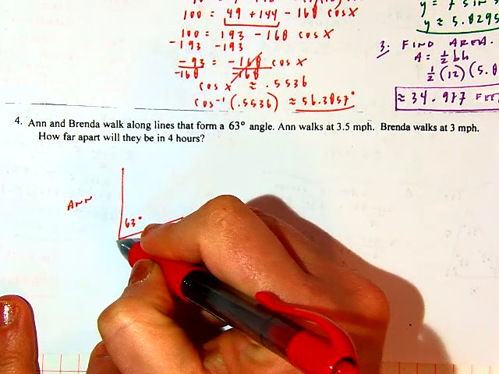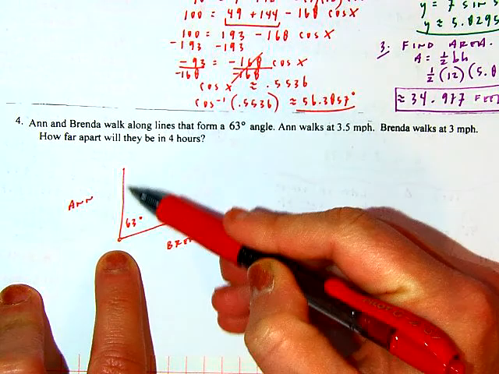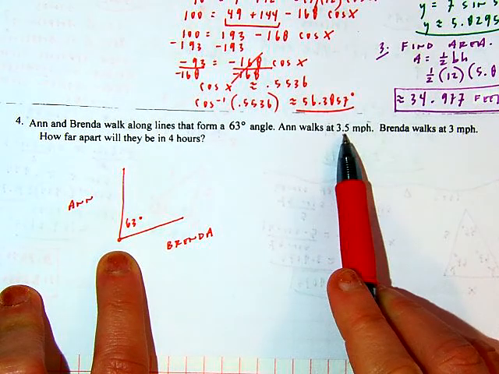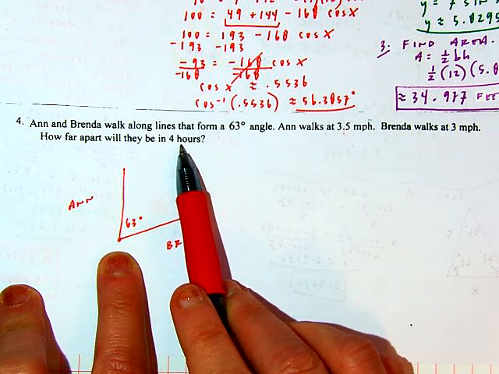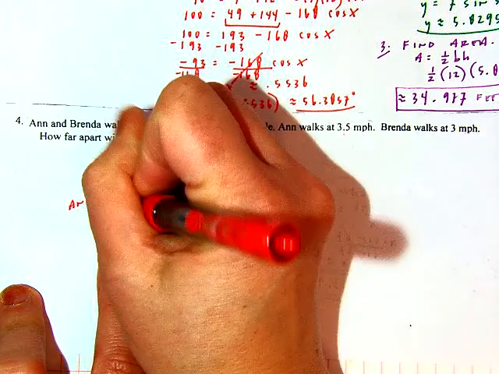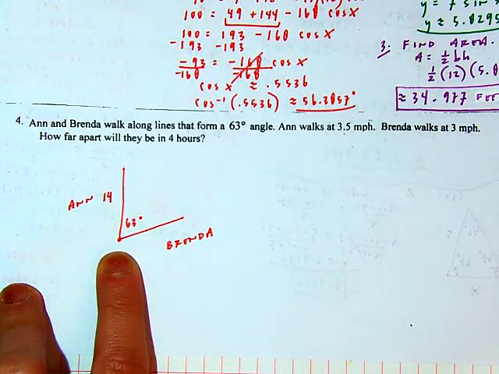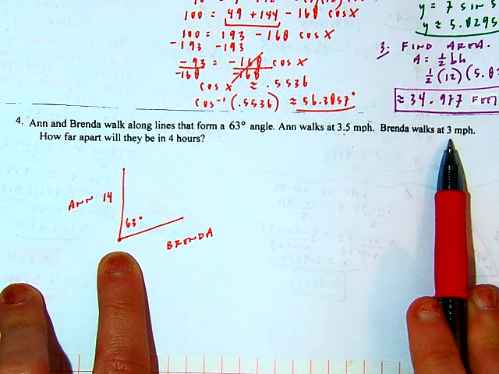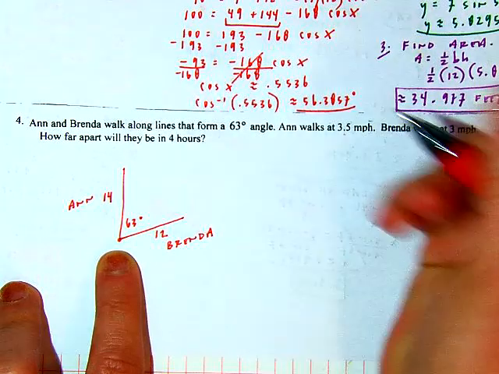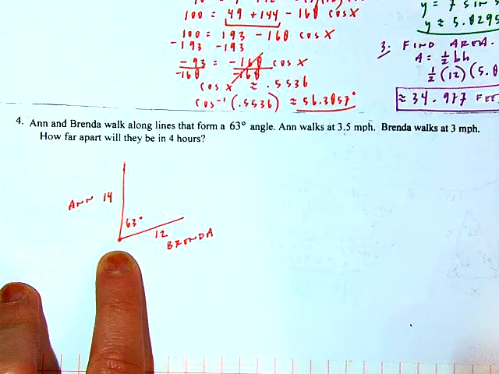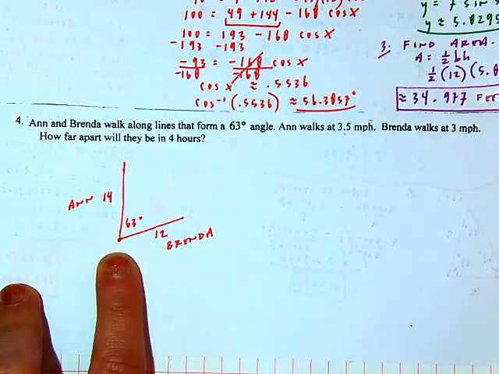They both start from here. Anne is walking this way at 3.5 miles per hour. After 4 hours, if I multiply those, is 14. So she's walked 14 miles in 4 hours. Brenda's rate is 3 miles per hour, so in 4 hours she's covered 12 miles. So Anne should just be a little bit longer than where Brenda is for my drawing.